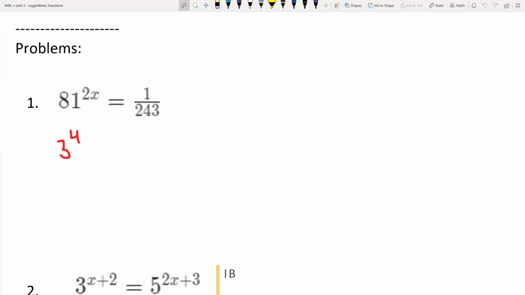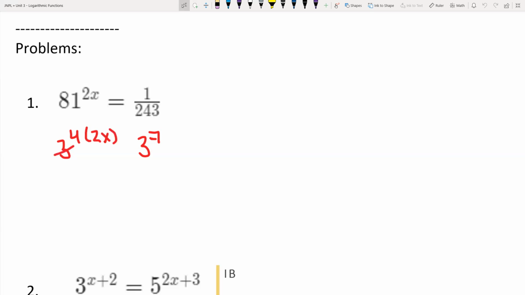And 243, well, we can make 243 by 3 to the 5th, and you might not know that. If you don't know that, then you would have to use a calculator to figure it out. But we'll see in a minute what you do if you don't know how to make the bases the same. Since the 243 is in the denominator, we need to make it a negative exponent. So now our bases are the same, but don't forget we add a 2x here.